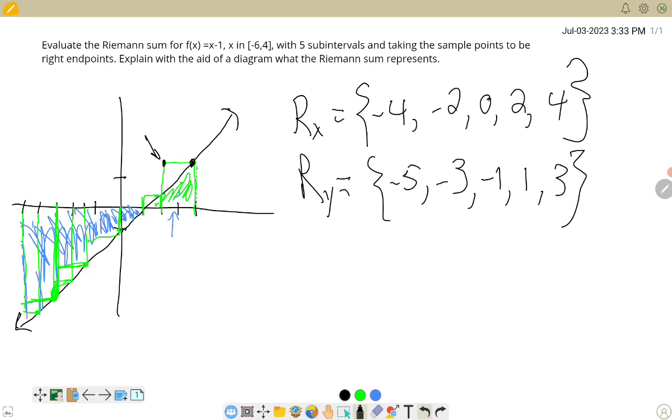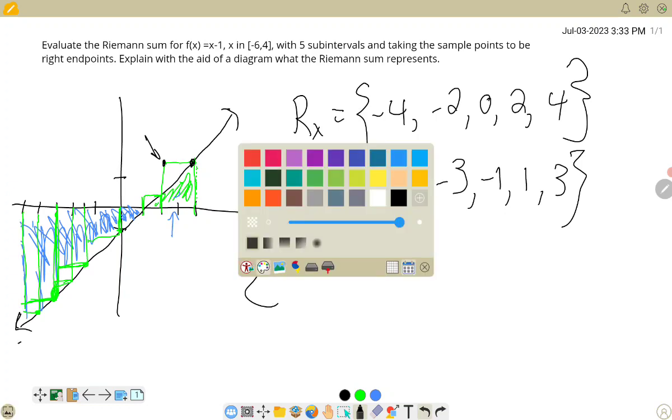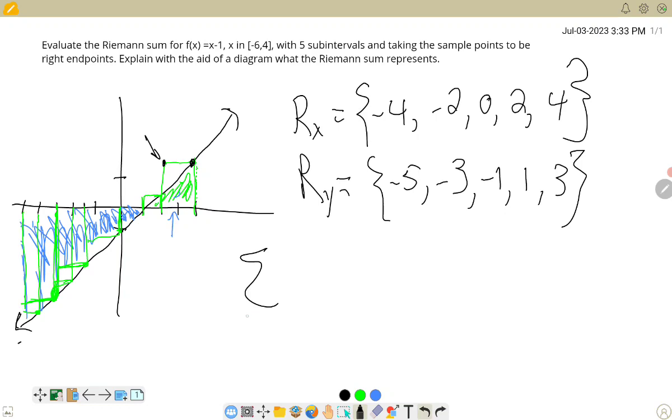And to get the Riemann sum, which is what we're really after, we need to sum over all of those intervals. So it's going to be from i equals 1 to 5, because we have 5 subintervals, of the y value in terms of i times delta x. Basically I'm just going to index these.